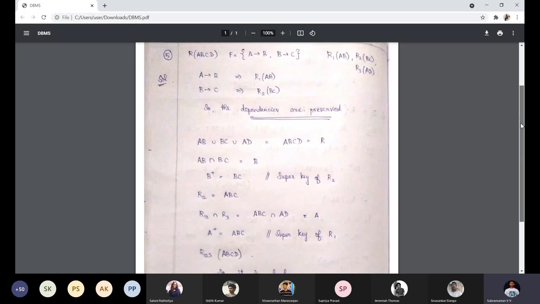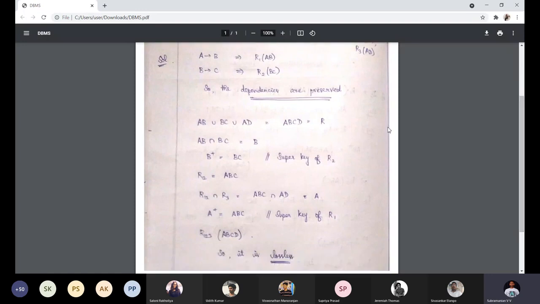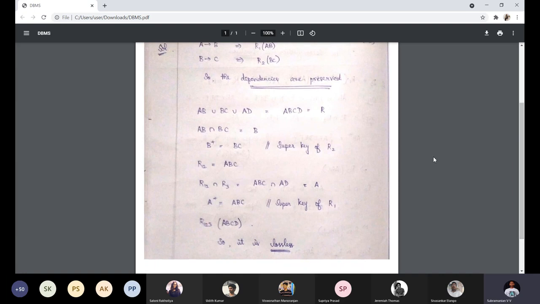And then going for lossy or lossless decomposition, we again take the union of all three relations and check if it's equal to the original relation R. So the condition is satisfied. Then we take the intersection of subsequent relations. We start with R1 intersection R2: AB intersection BC we get B, and taking the closure, B closure would be BC, and clearly it's a super key of R2. So the condition is satisfied in the first step.